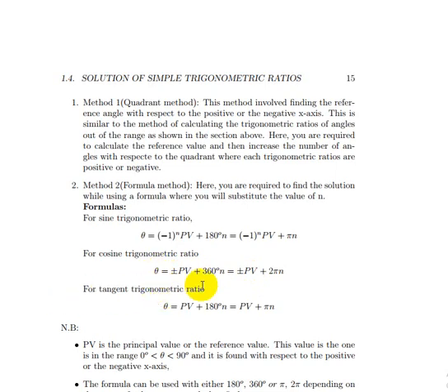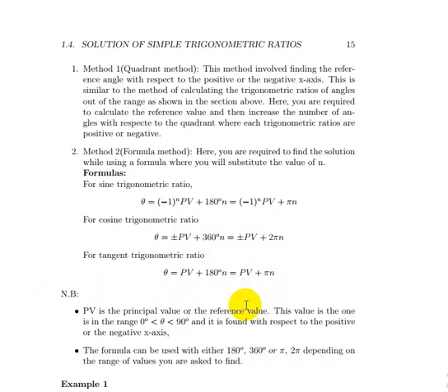For tangent trigonometric ratios, the angle theta is going to be PV plus 180 degrees n, depending on the range given to you.